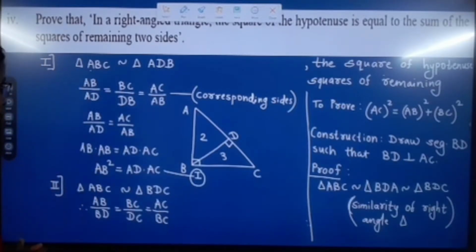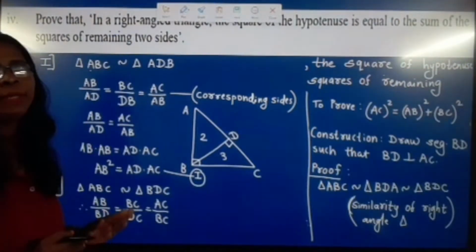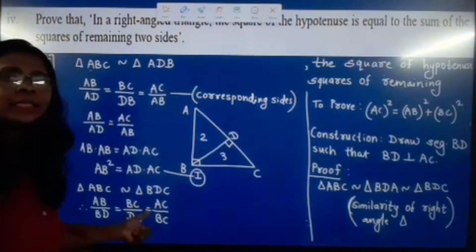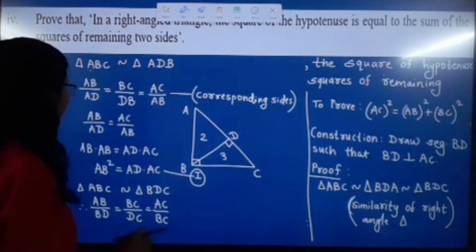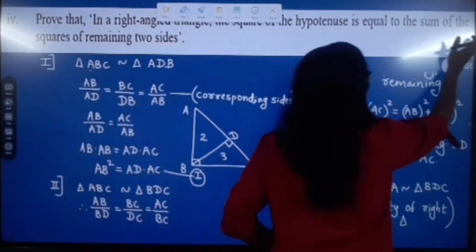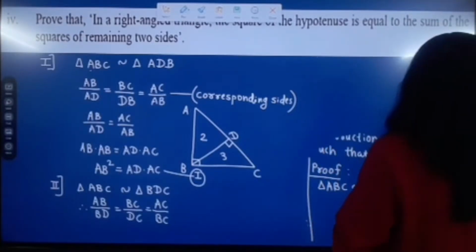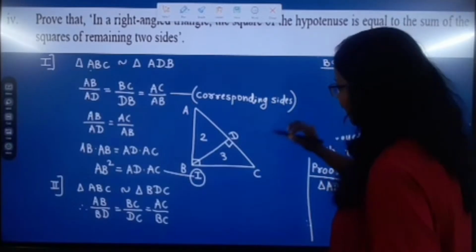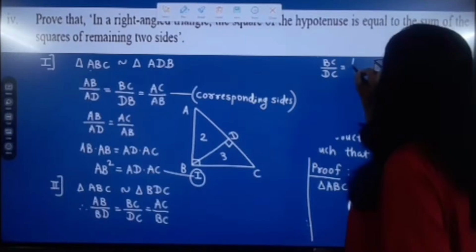Yes. So now here students, which two ratios are applicable here? See students, this ratio is applicable because after cross multiplication we get BC square. So I write down that BC divided by DC is equal to AC upon BC.